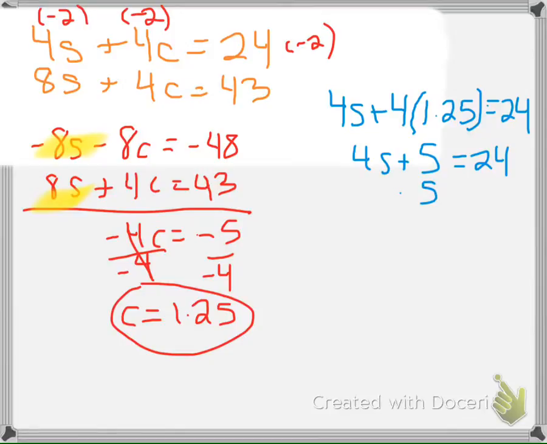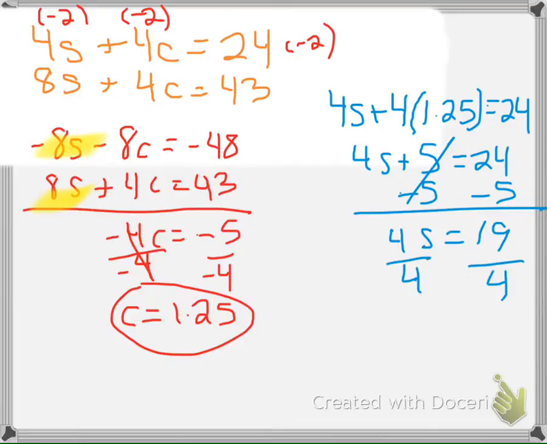Now I need to subtract 5 on both sides. And I'm left with 4s equals 19. Then I need to divide by 4 on both sides. And I'm left with s equals 4.75. Okay, so sandwiches cost $4.75.